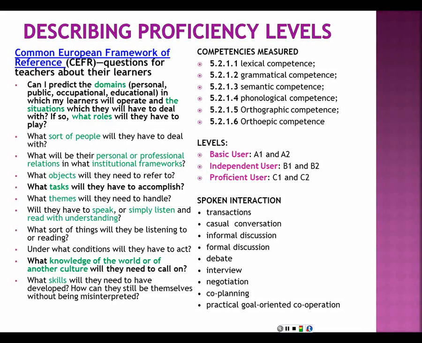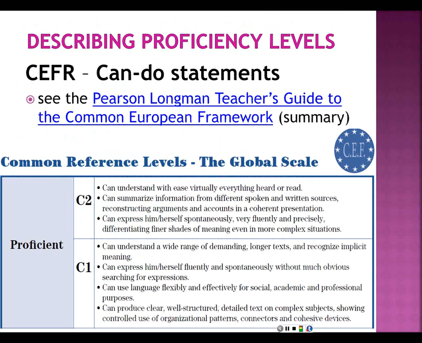So in terms of spoken interaction, this is what the language learner is expected to do: transactions, casual conversation, informal discussions, formal discussions, debates, interviews, negotiation, planning together with someone else, so again a type of negotiation, and practical goal-oriented cooperation. So what does this look like now in terms of actual descriptors?